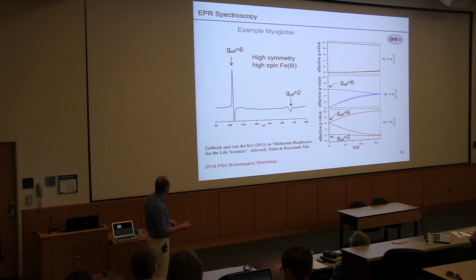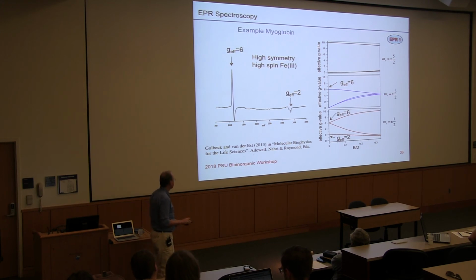should be 0. And so what you see in the spectrum is this very strong peak down around 1,000 Gauss or 100 millitesla at an effective g value of 6. And then there are some weaker features up around 2. Right?